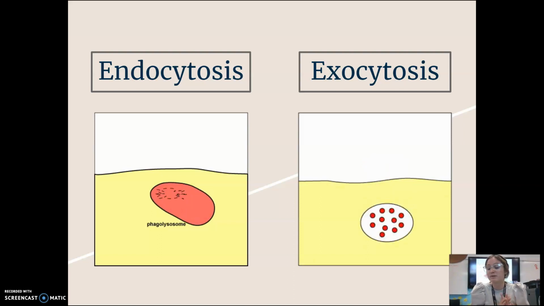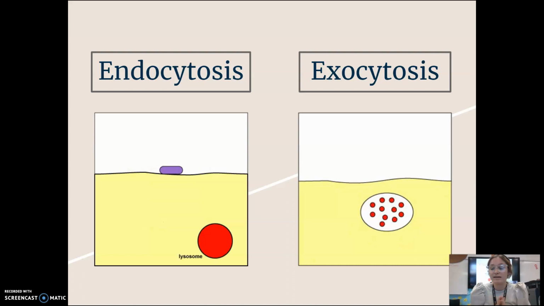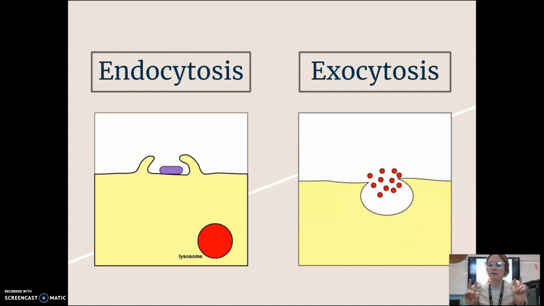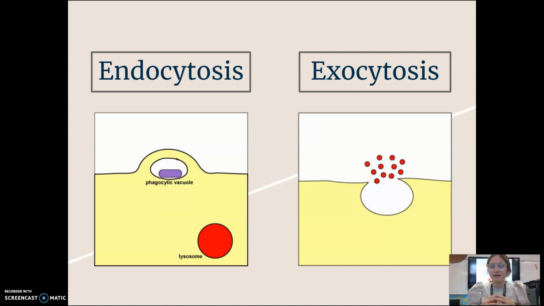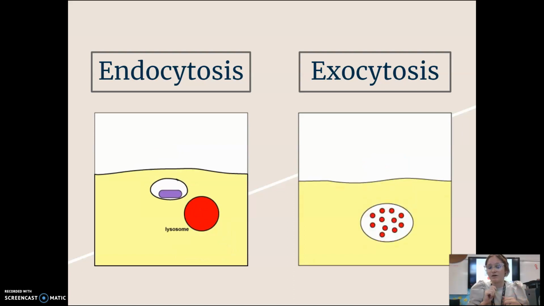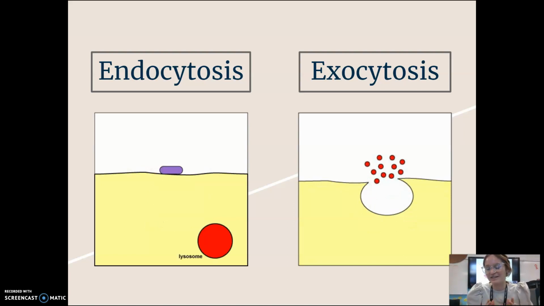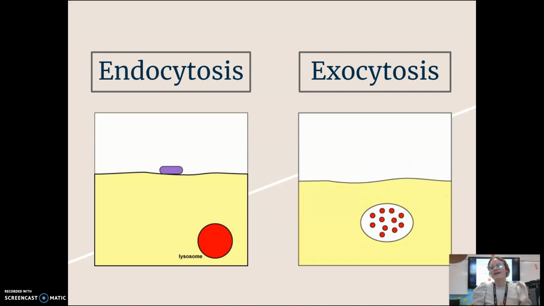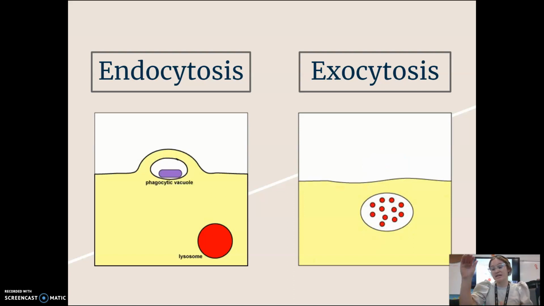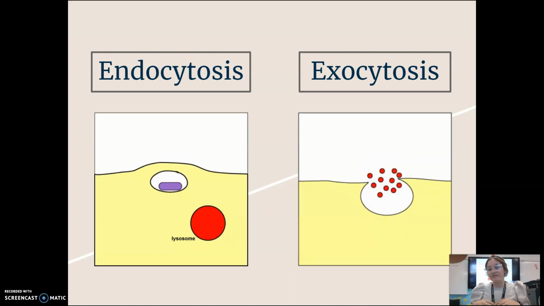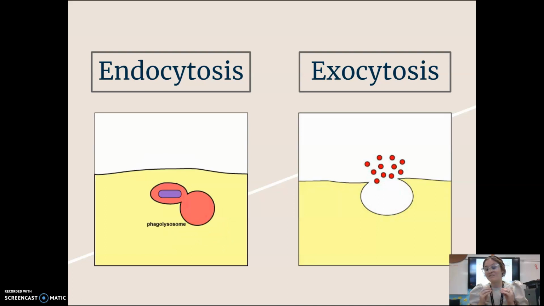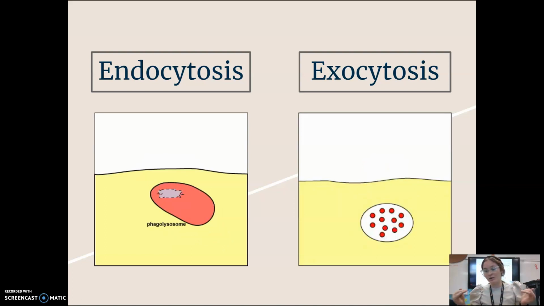And if we remember, lysosomes are organelles that act kind of like the trash man, the garbage man. They're destroying this molecule right now, but then they're going to take the trash out. So they get rid of all of the waste for the cell. And to the right, we see those solutes being released from the cell, and the vesicle then just rejoins that cell membrane.